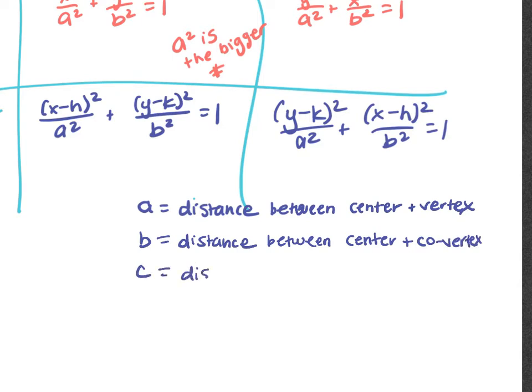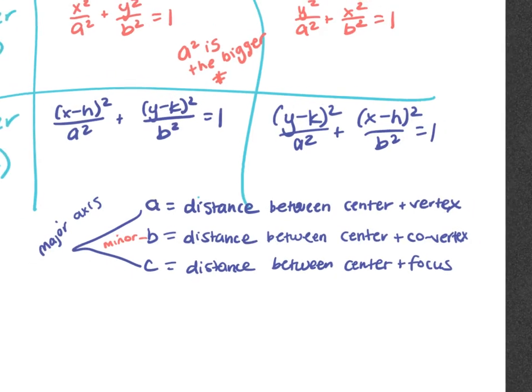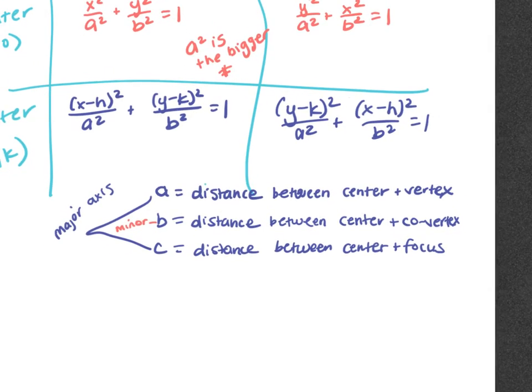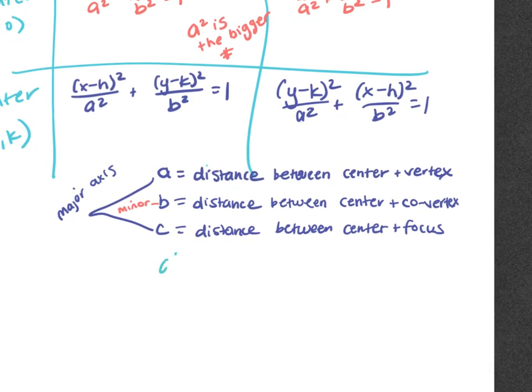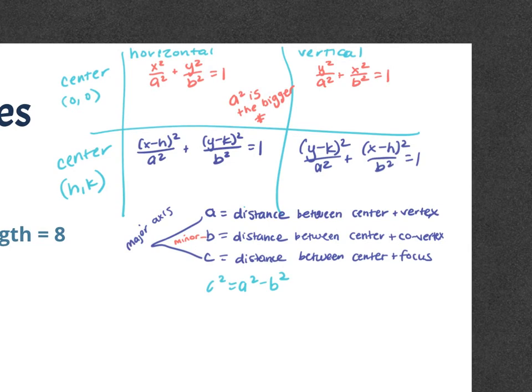C, distance between center and focus. A and C are on the major axis. B is on the minor axis. Okay, oh good. And the last thing was c squared equals a squared minus b squared. Okay, we need that to establish the relationship between a, b, and c.